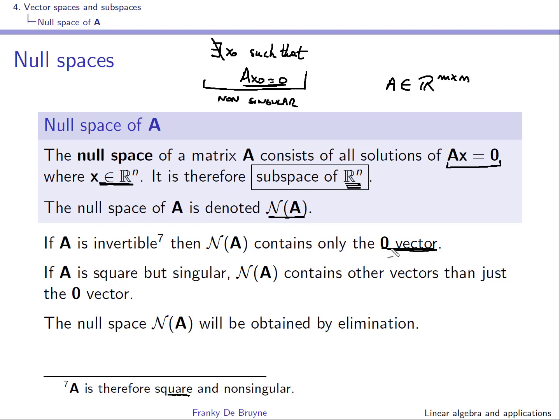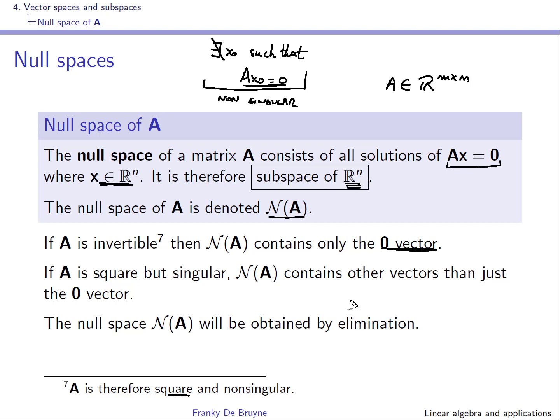Remember that the 0 vector must always be in a subspace, okay? If the matrix is square but singular, there will be other vectors than just 0 in the subspace.